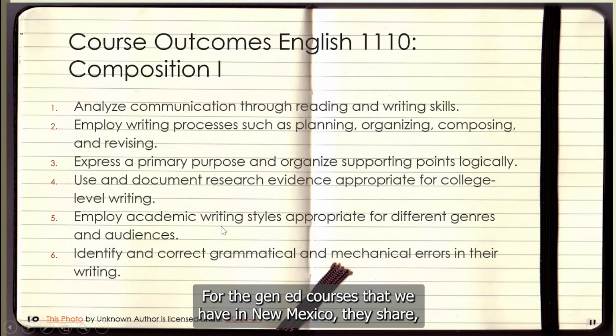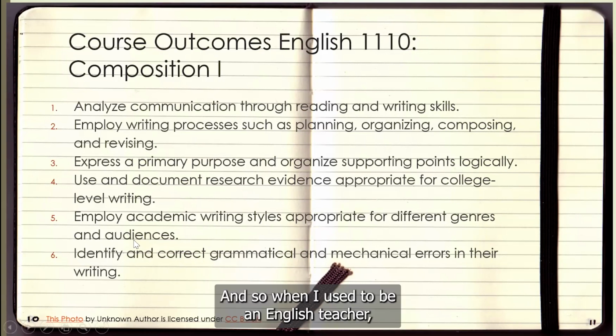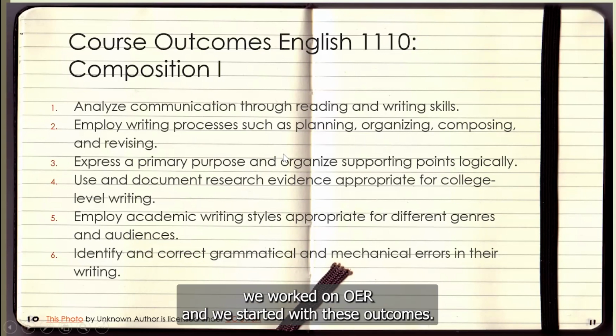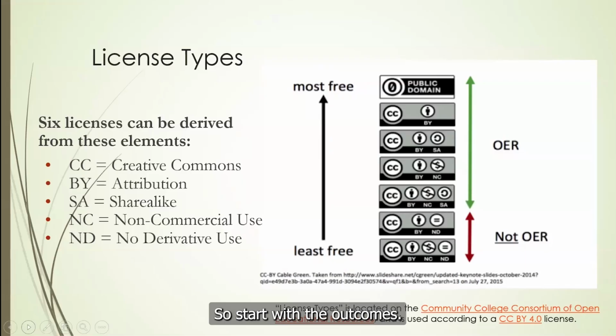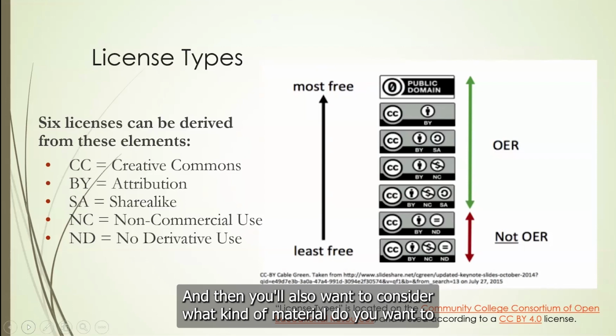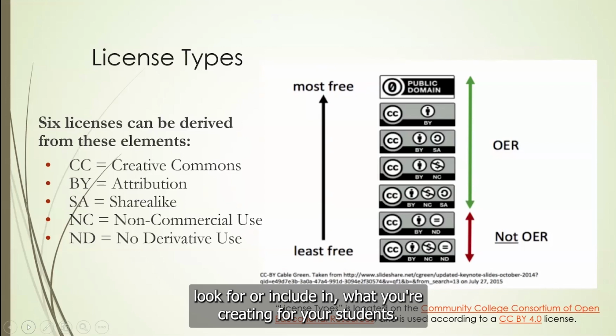For the gen ed courses we have in New Mexico, they share outcomes. When I used to be an English teacher, we worked on OER and we started with these outcomes. That's why I'm sharing these specific ones here. So start with the outcomes, and then consider what kind of material you want to look for or include in what you're creating for your students.